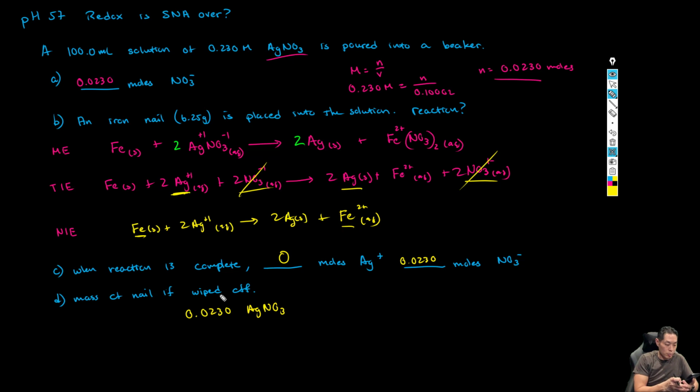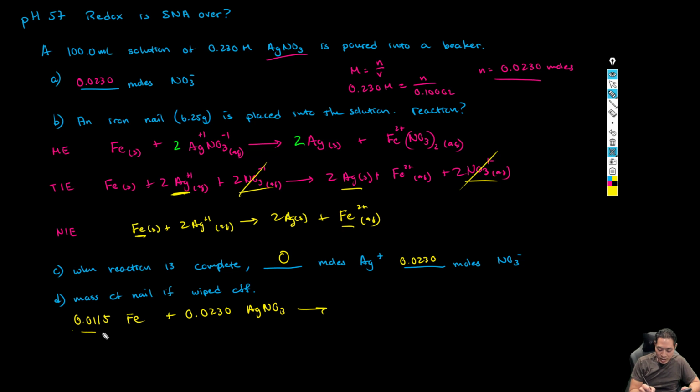So pull out my calculator: 0.023 divided by 2. In order for this reaction to happen, I need 0.0115 moles of iron to react with that. It's a 1 to 2 ratio, right? That's how we're going to figure it out.